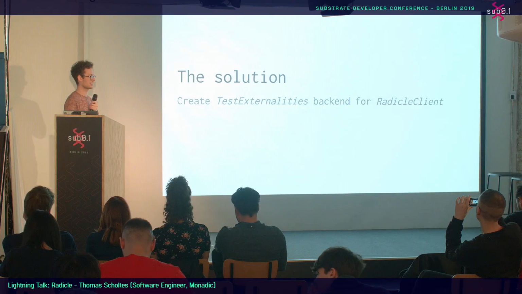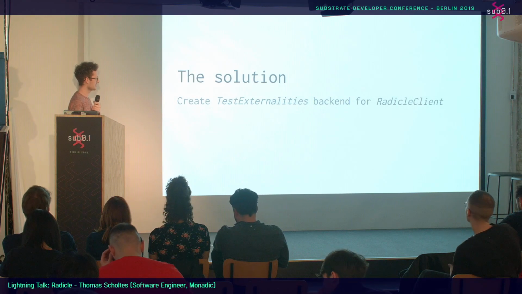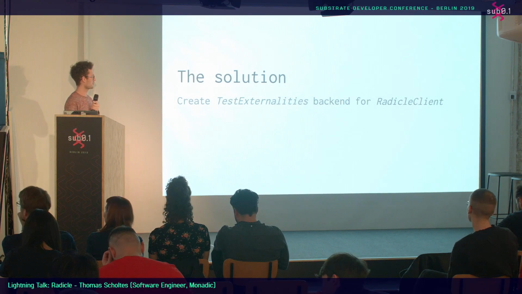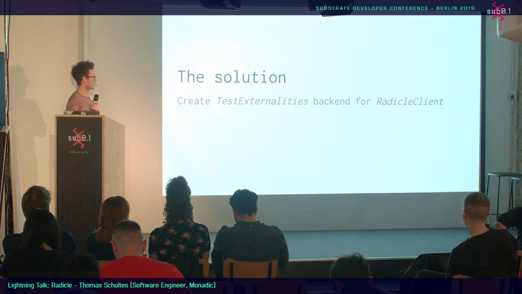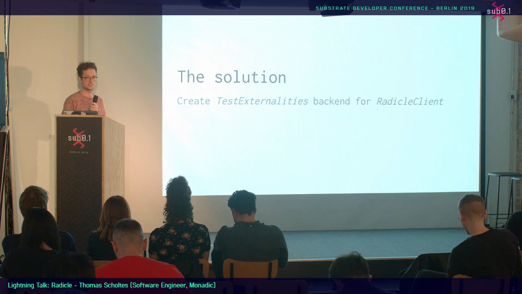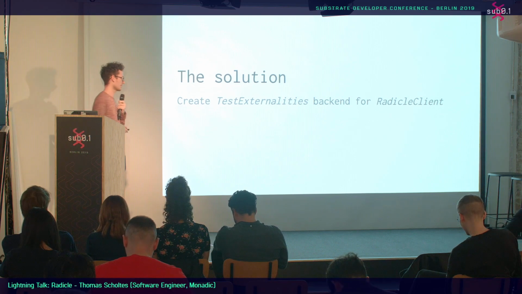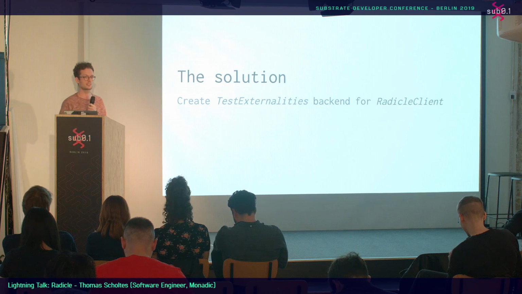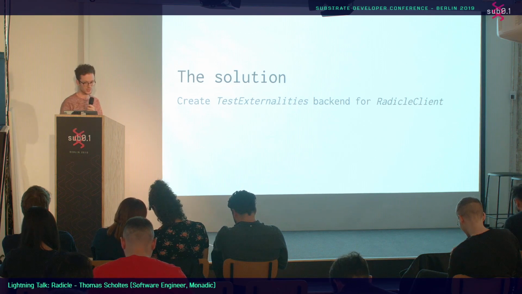And the way Substrate is structured makes this actually quite easy, because the main entry point is, for example, I think it's called apply block. And this is everything that you need to call to simulate what happens on your blockchain if a block is imported.